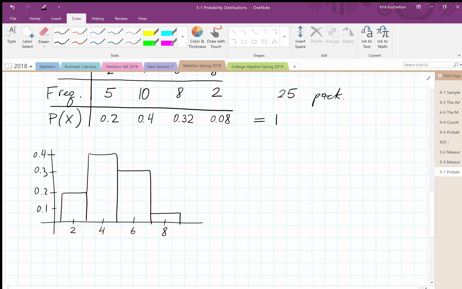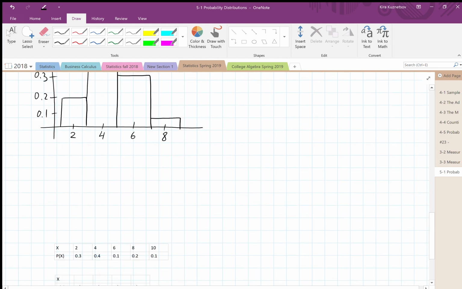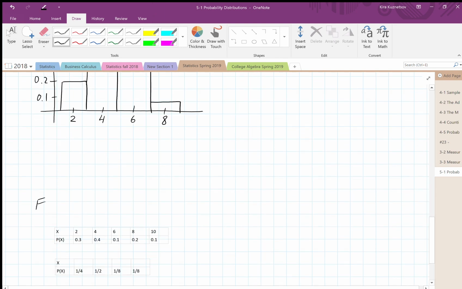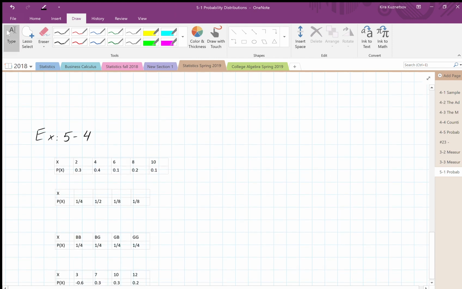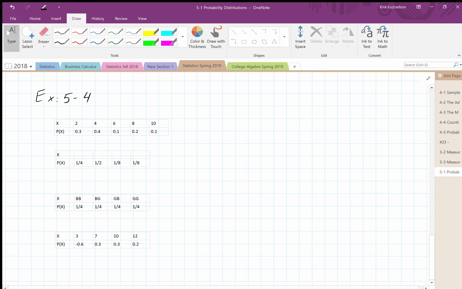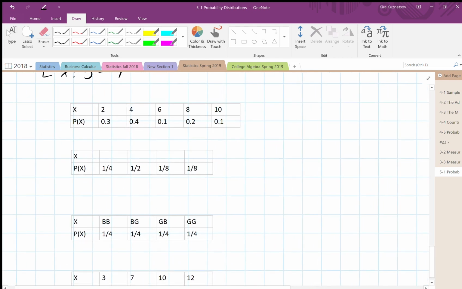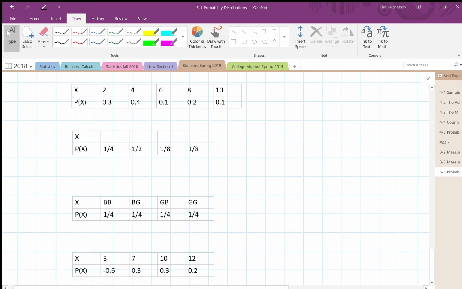My last example in the book is example 5-4, and it's just a simple question of determine whether each distribution is a probability distribution. I'm going to zoom in a little bit. So this is my part A. I have 2, 4, 6, 8, 10.